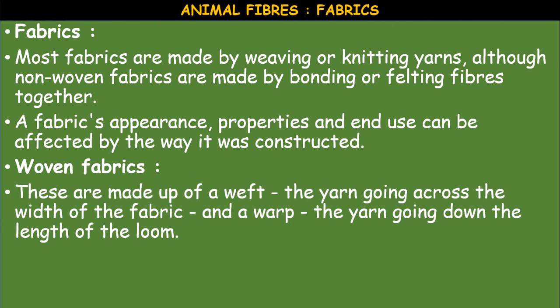Woven fabrics are made up of a weft, the yarn going across the width of the fabric, and a warp, the yarn going down the length of the loom. Lengthwise fibers and breadthwise fibers are arranged in a weaving machine.